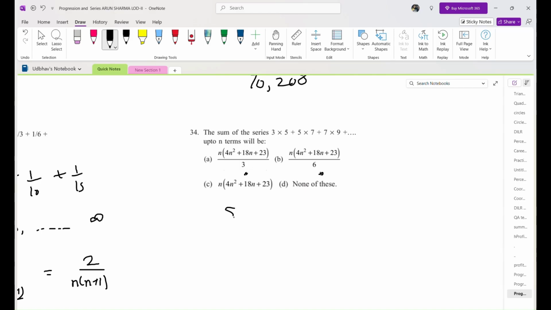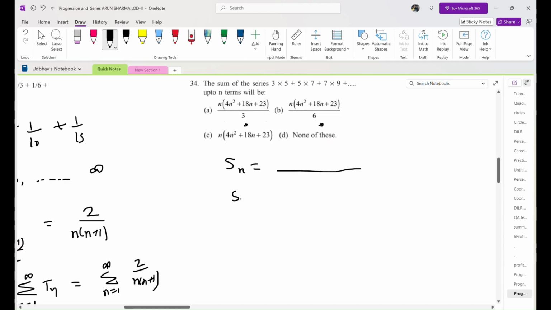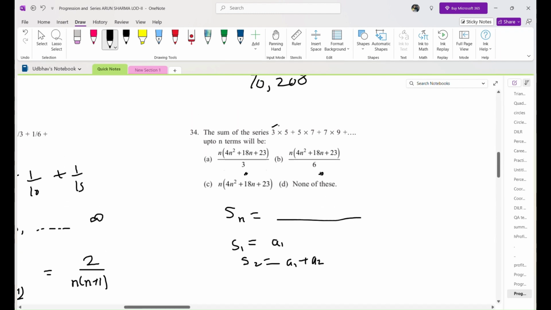So what does Sn mean? It means the sum of n terms of that series, be it any series. S1 means we'll just get A1. S2 means we'll get A1 plus A2. And using this series, we can find A1. A1 is 15, A2 is 35.